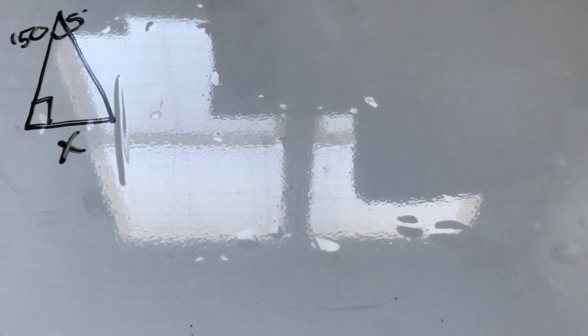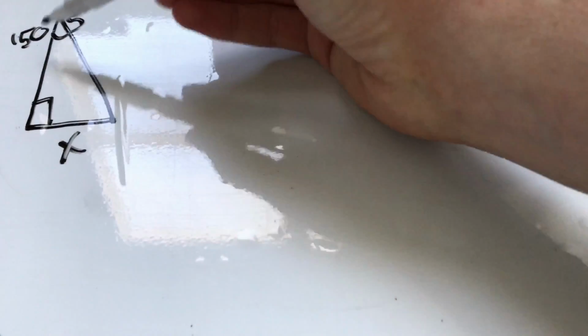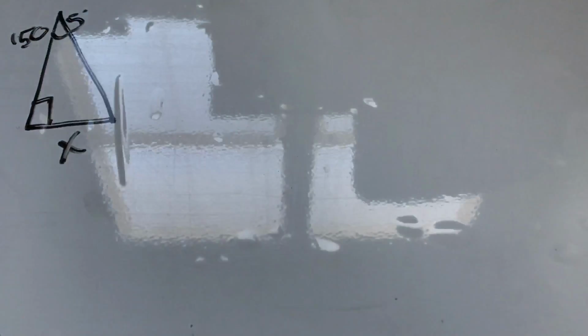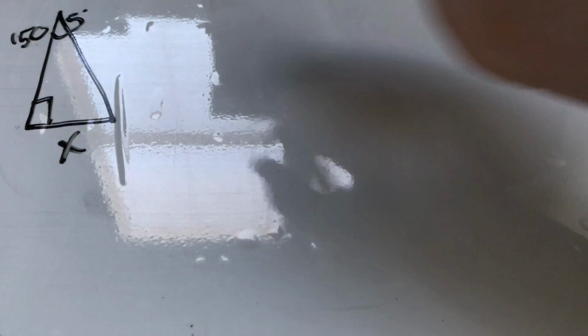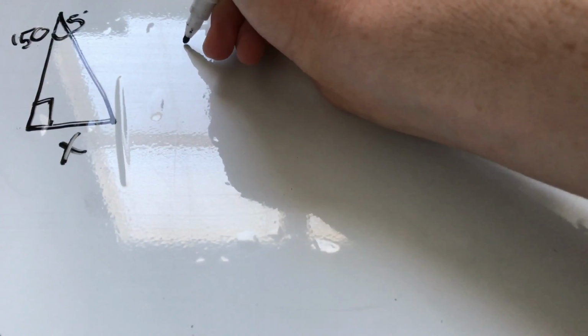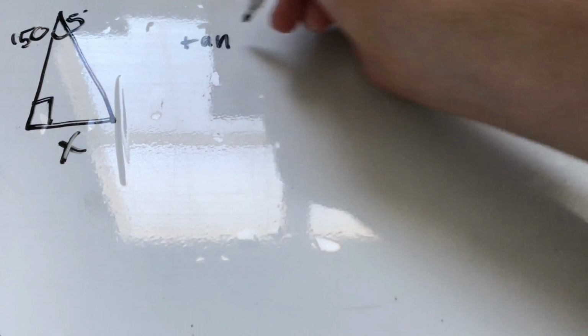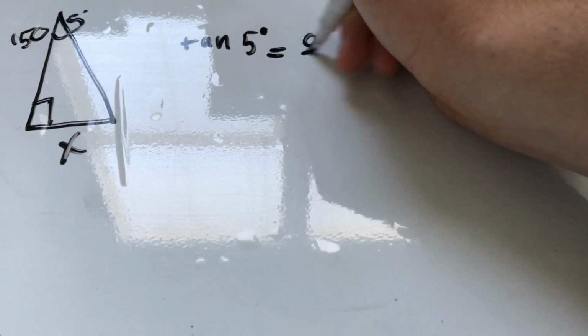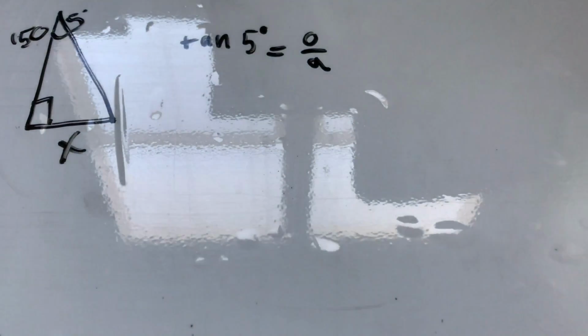To use SOHCAHTOA, if we look at this, we can see that we are looking for the opposite, and we have the adjacent. So that sounds a lot like the tangent. So we're going to use tan 5 degrees equal to O over A. And so now we have to plug in our numbers.